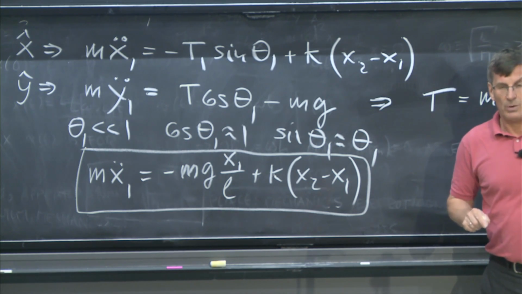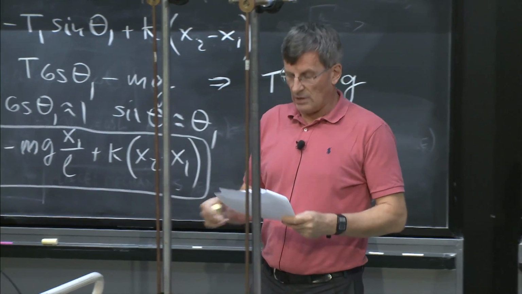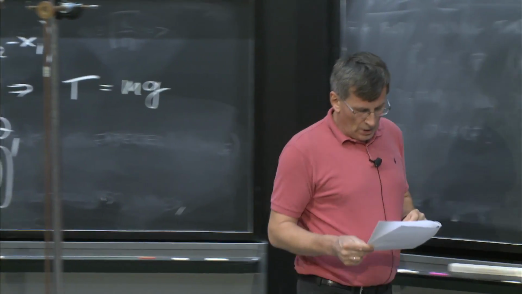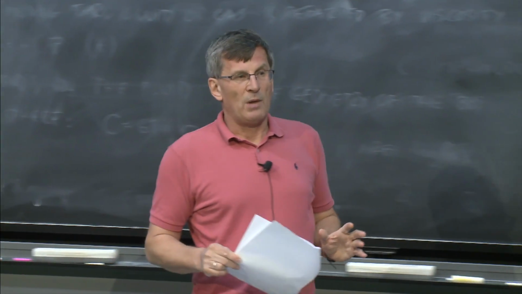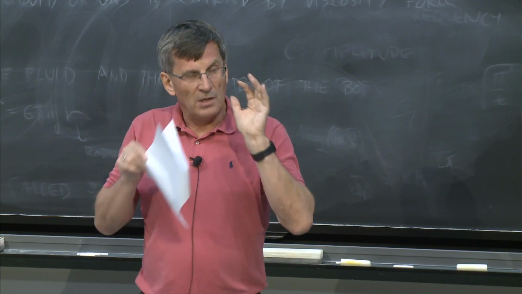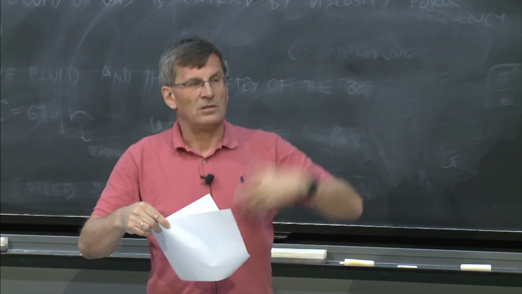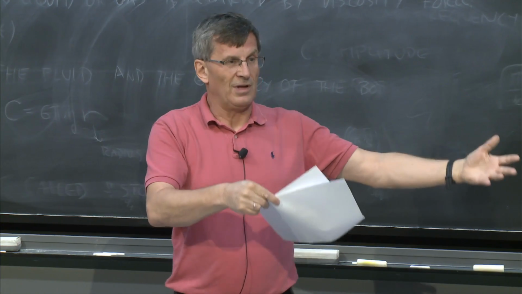And the motion of mass 2 influences the motion of mass 1. That's how the coupling shows up. So for most of these problems, you simply focus on the mass in question, you calculate all the forces, and then this coupling will somehow appear in the equations.